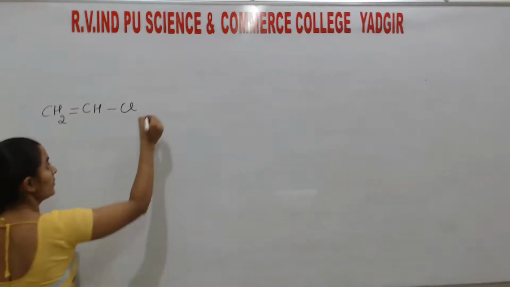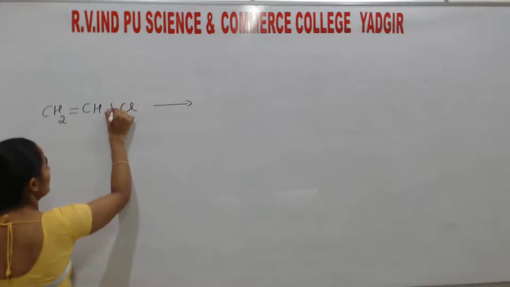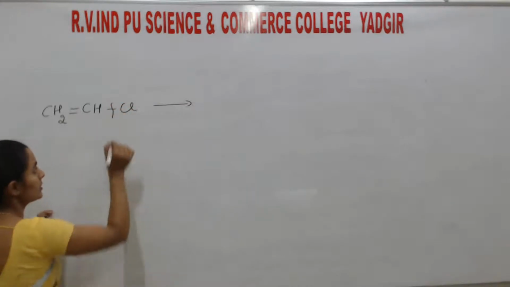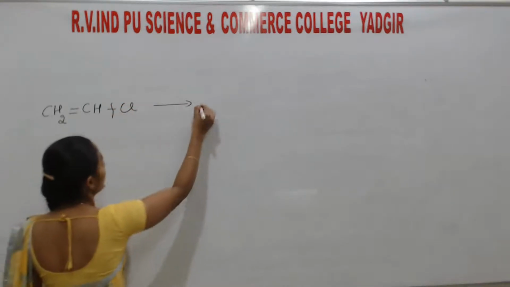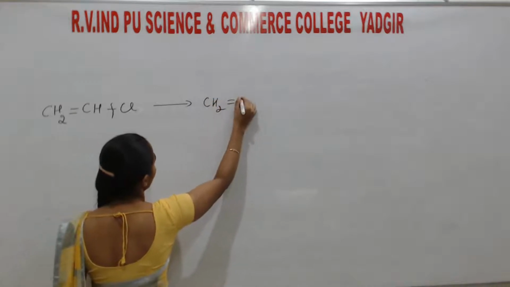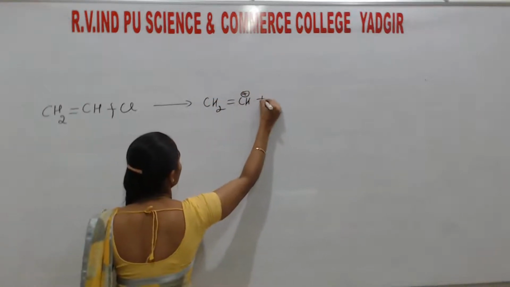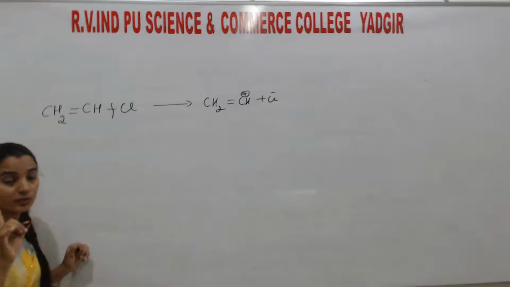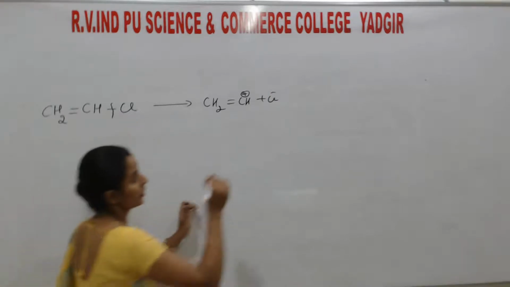Inductive by which effect? Like this, bond breakage takes place, and this one is highly electronegative. It becomes CH2 double bond CH plus Cl minus. That is one possibility, the inductive effect.